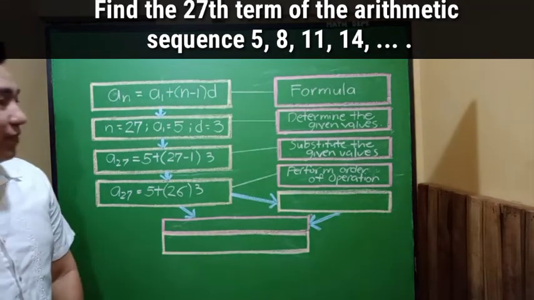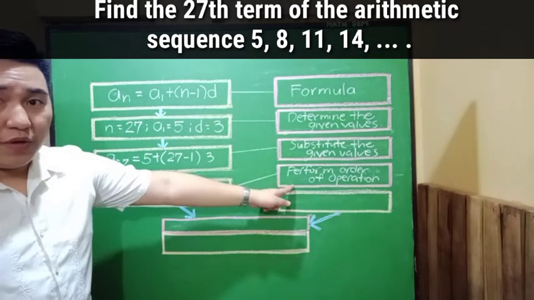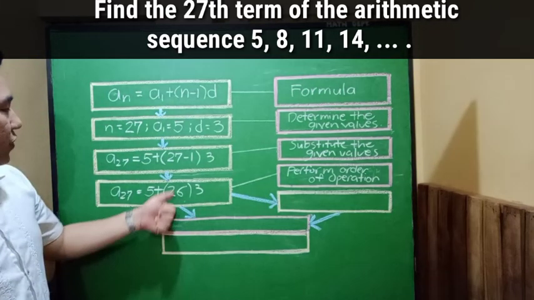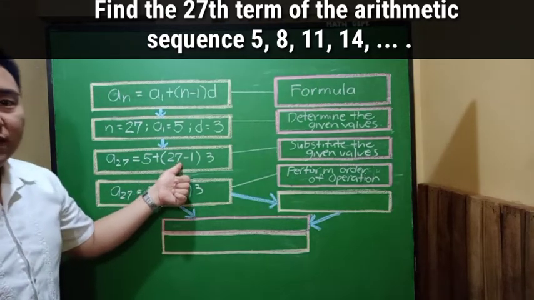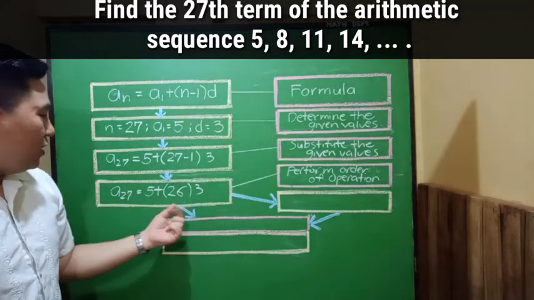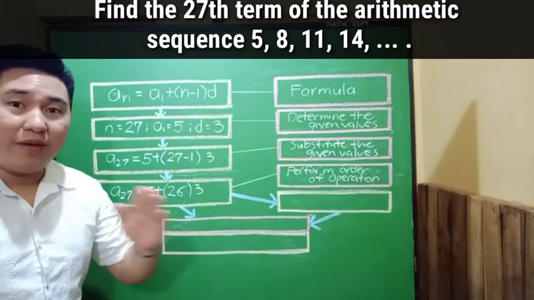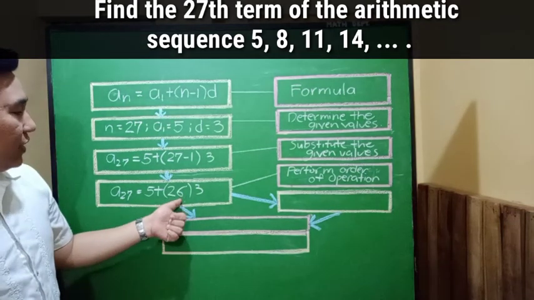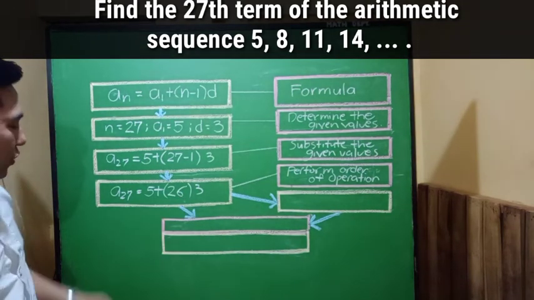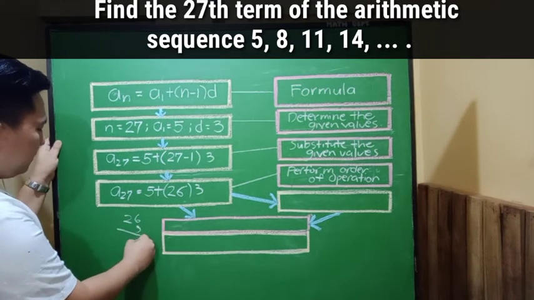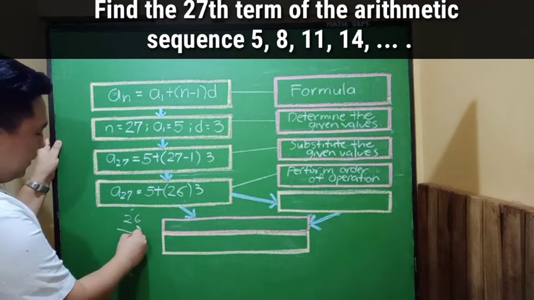The next step, we still need to perform the operations in these remaining boxes. After we simplify terms inside the parentheses, do we add or do we multiply? Of course, we will multiply as we have the MDAS. So 26 times 3. As we multiply 26 times 3, we have 78.